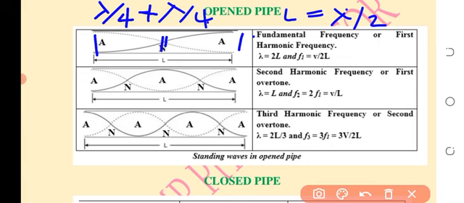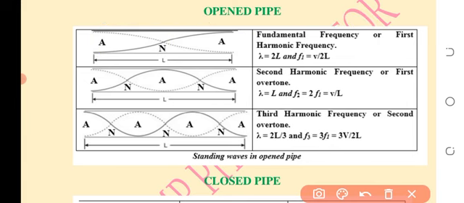So also in an open pipe, we have lambda equal to 2L, like we discussed in string, and our F1 will also be equal to V over 2L. Similarly, we have F2 equal to 2F1 and F3 equal to 3F1.